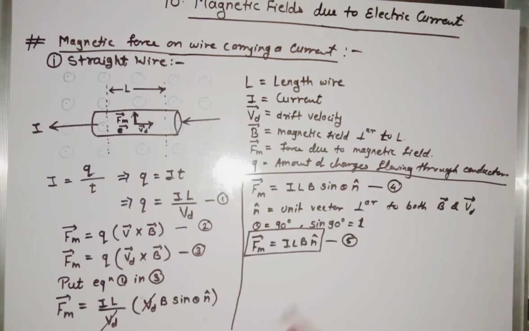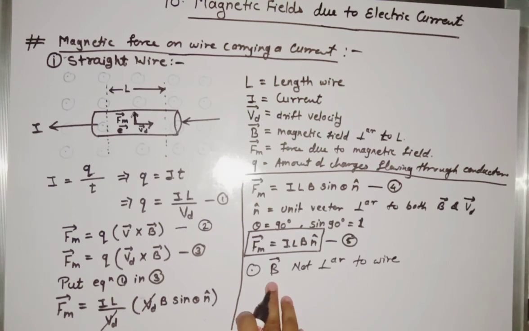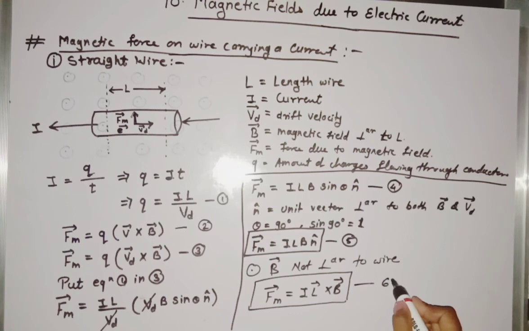In the first case, if the magnetic field B is not perpendicular to the wire, then we will have the force throughout that straight wire as F suffix M equal to I vector L cross vector B. So this is another equation we have in the case of a straight wire carrying current I. So this is the required thing.